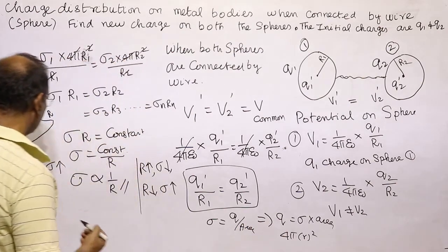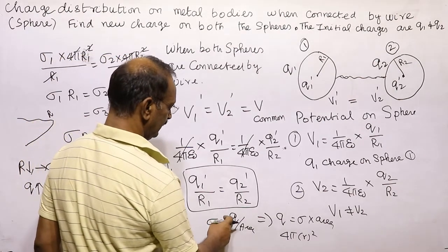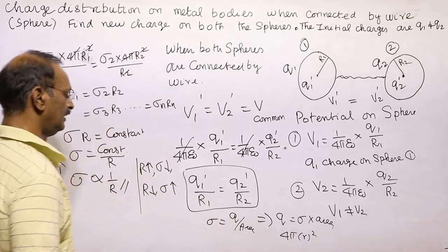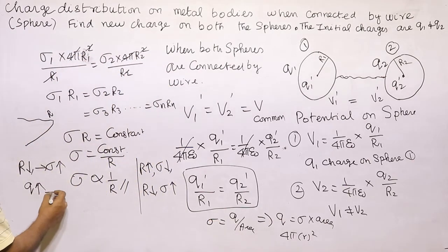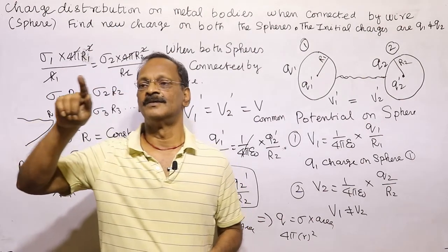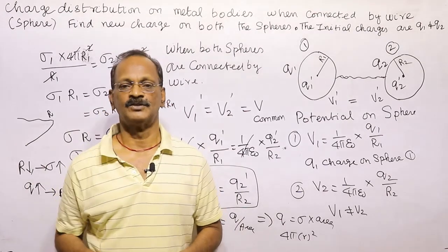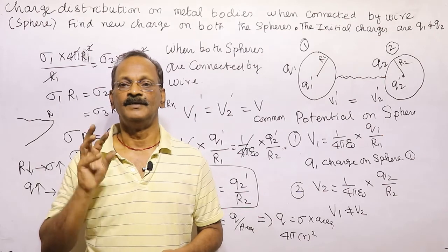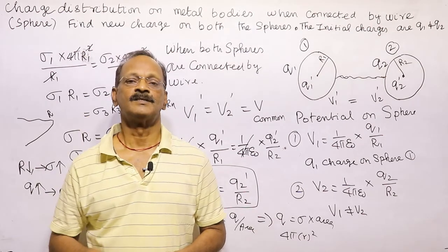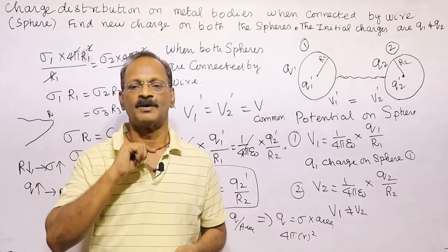Charge density means charge, and charge is related with sigma in a direct relation, so the charge will also be high. It means the electric field will also be high. So at a sharp corner, the more sharp the corner, the electric field intensity, that is the distribution of charges, will be high for a small radius place.